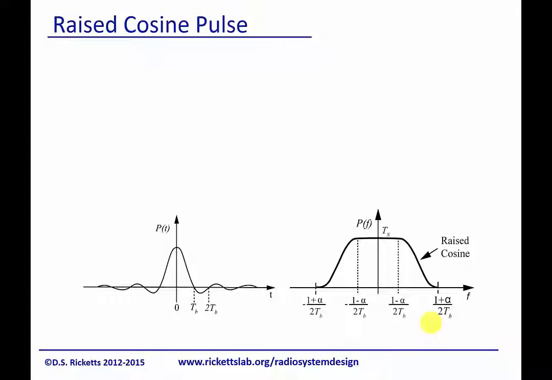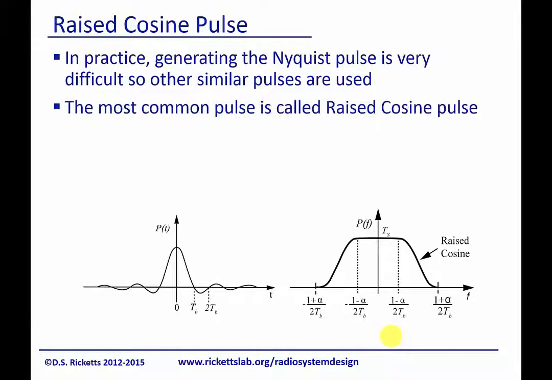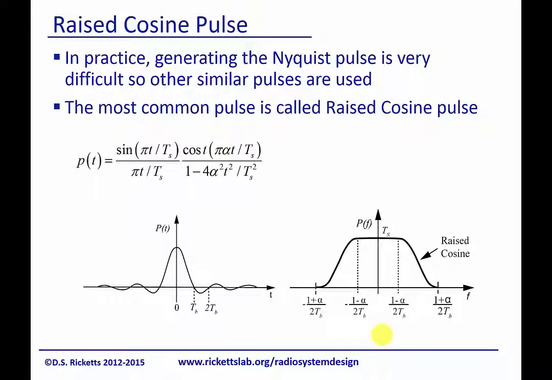And so people have looked at close approximations, and one of the best ones is a raised cosine filter, or raised cosine pulse. And this is the time domain formula for the pulse shape. And on the right is actually the bandwidth. The reason this is called a raised cosine is it's defined as 0, and then we do a cosine up to here, and then we keep this flat right there.